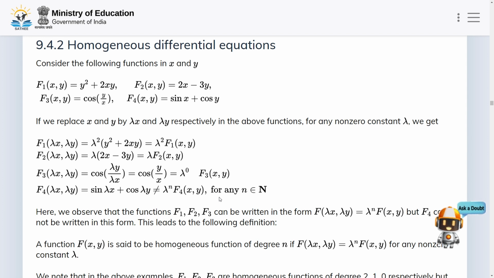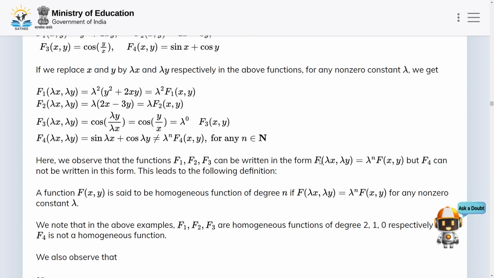So what we have observed in the first three functions f1, f2, f3 is that f(lambda x, lambda y) can be rewritten as some power of lambda multiplied by f(x, y), but f4 cannot.